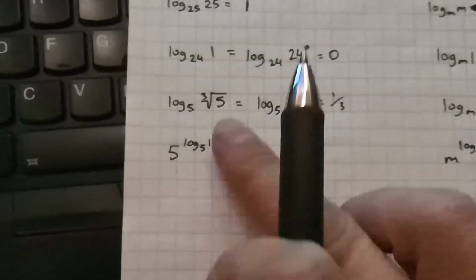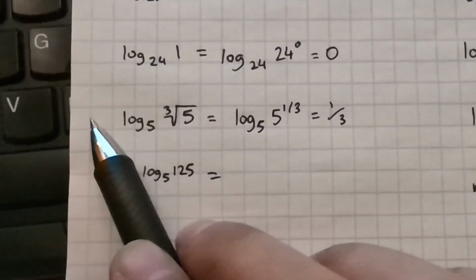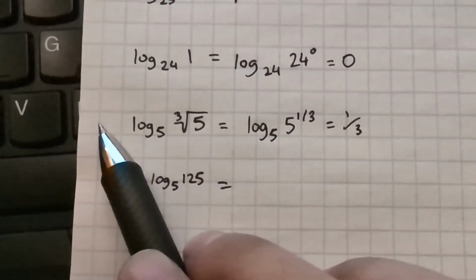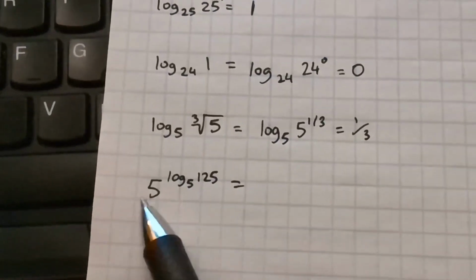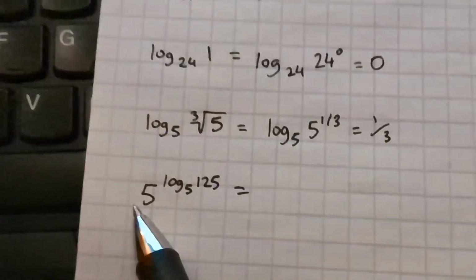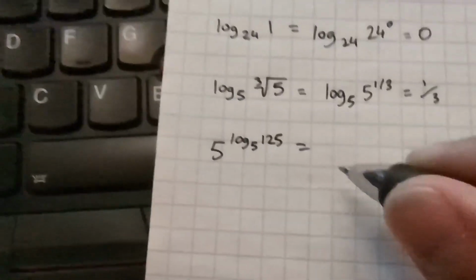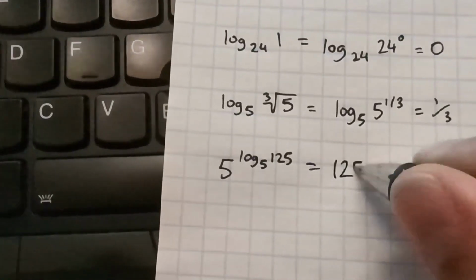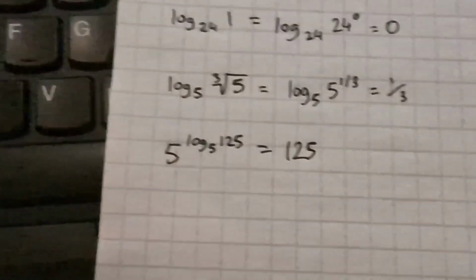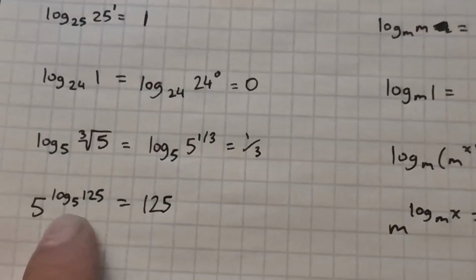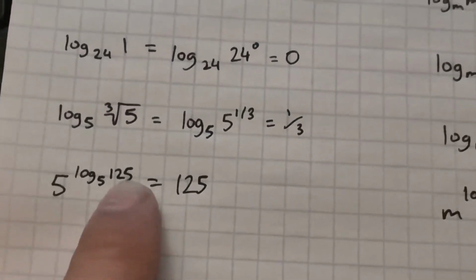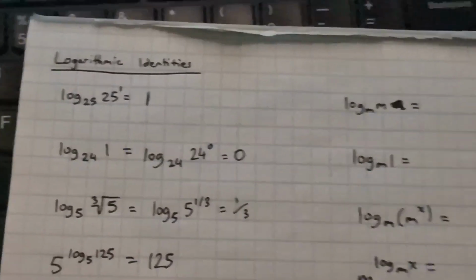So this part here again is saying 5 to the power of something is going to give you 125. Find out that something. And whatever that something is, we're putting it to the power of 5, which we just talked about, that's going to give us 125. So something like this can just simplify to that log argument.